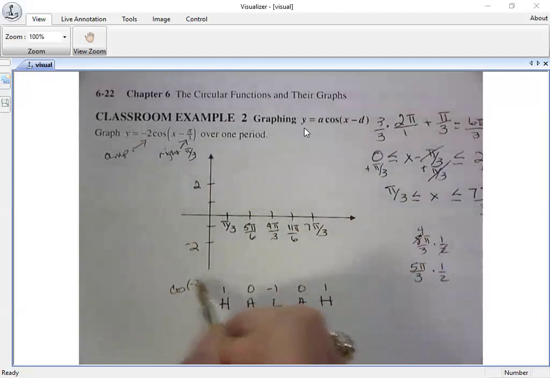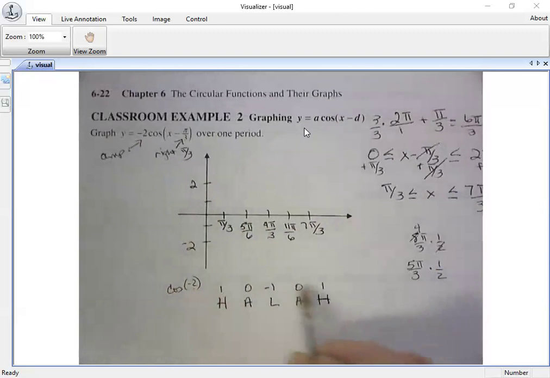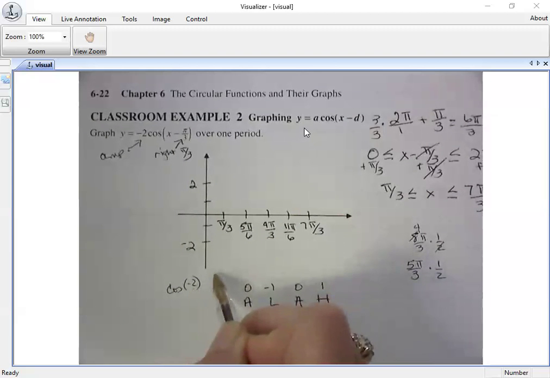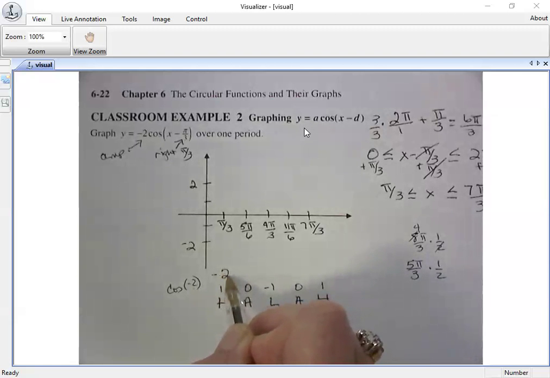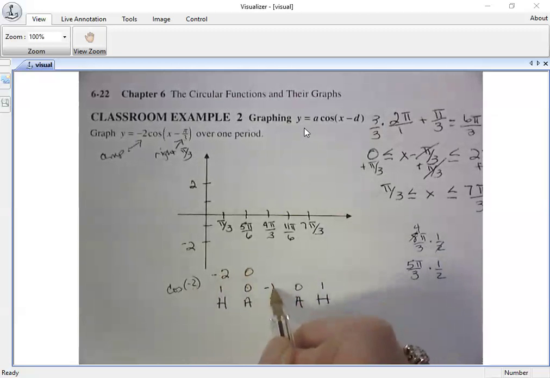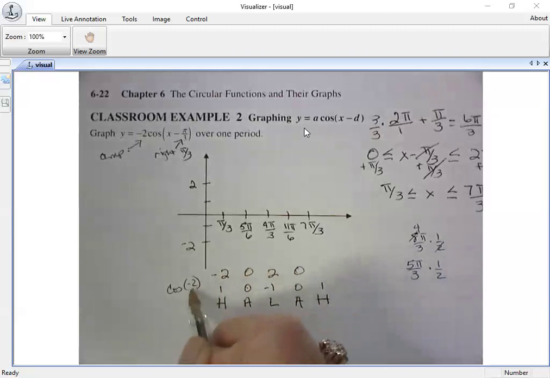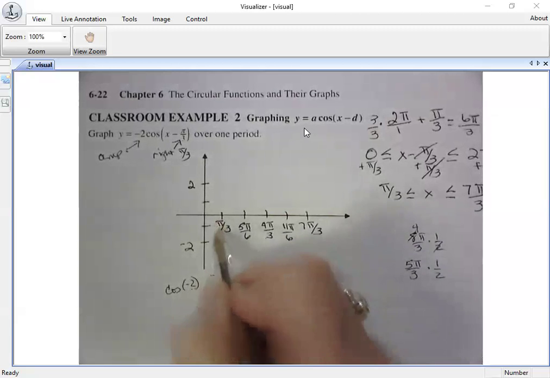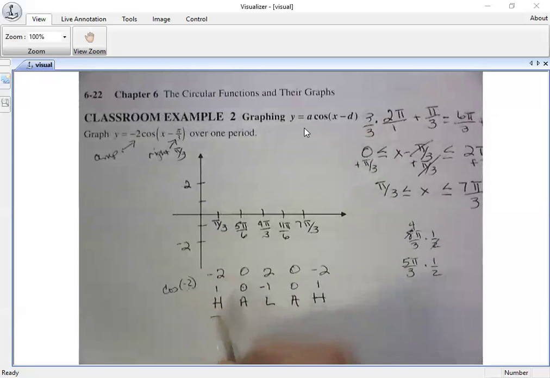A -2. So if I multiply all of these values by a -2, my high point's now where? Yeah, it's going to turn into the low because it's going to become a -2. 0 times anything is 0. A -2 times a -1 is +2. I get 0 here. And -2 times 1 is -2.